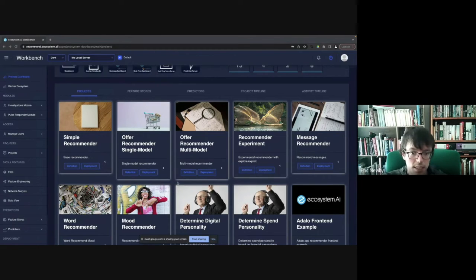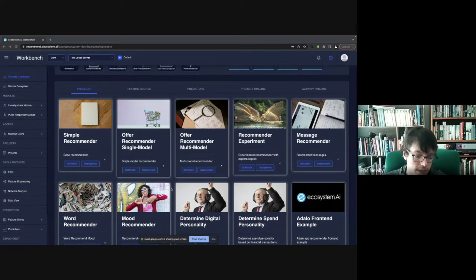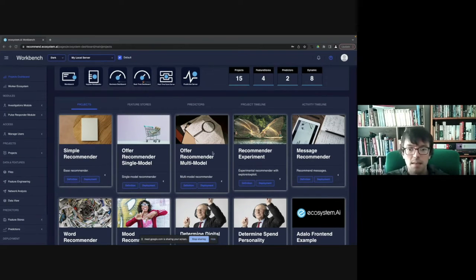The next piece that's useful to think about in terms of how you want to do your recommender, which Jay also mentioned, is, we were talking here about the offer recommender multi-model, having a model per option. You can actually go down to the space of having a model per customer.